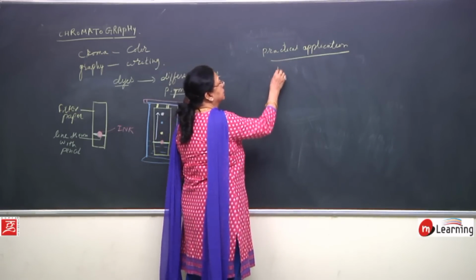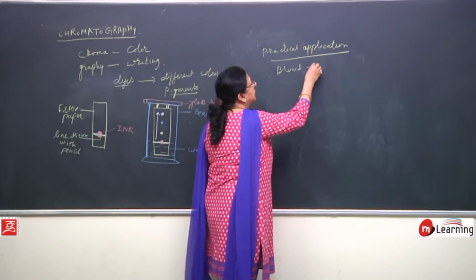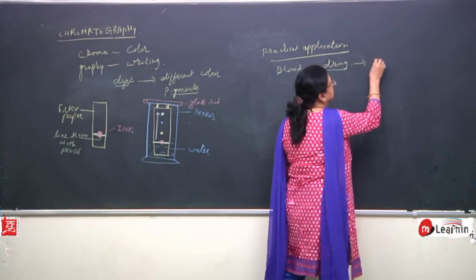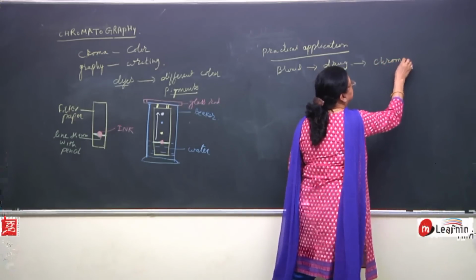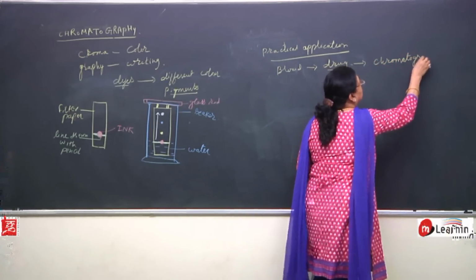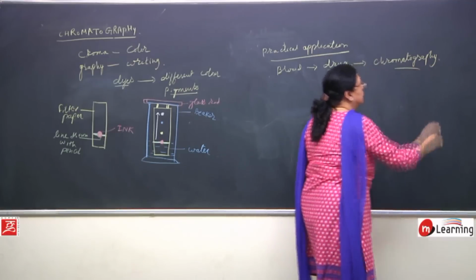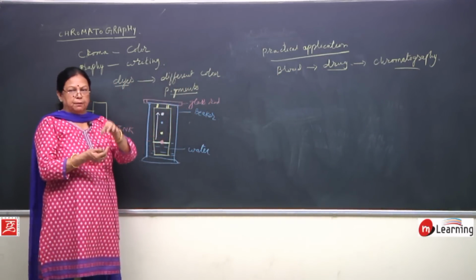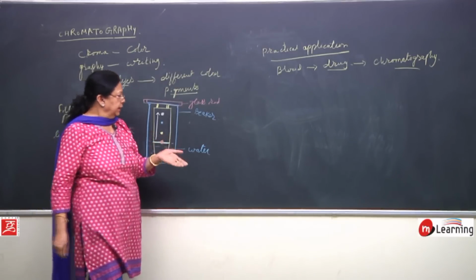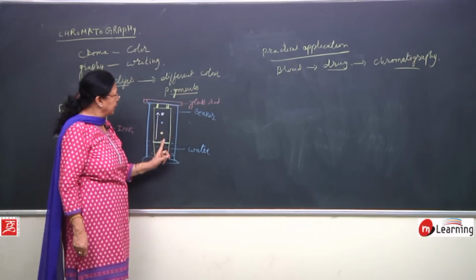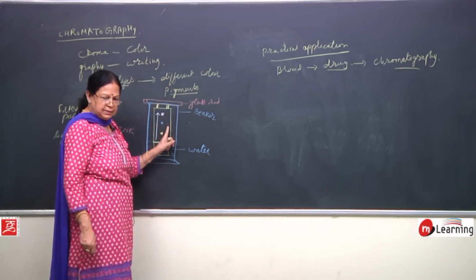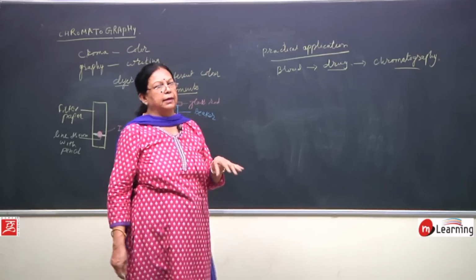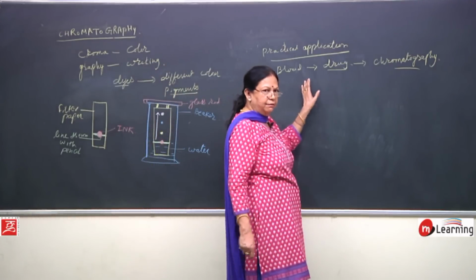If there is a drug present in the blood, then it can be detected by the process of chromatography. In the same way, a strip of paper is taken and on that strip of paper a drop of blood is put and then we do the same process and you see how the drug rises up, and that drug is tested and then it is found whether the blood has any drug or not.